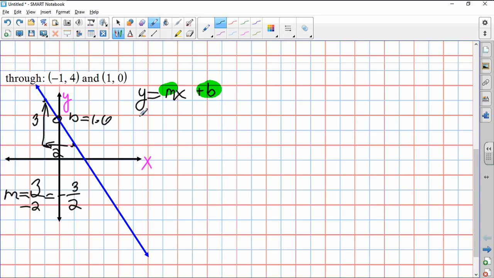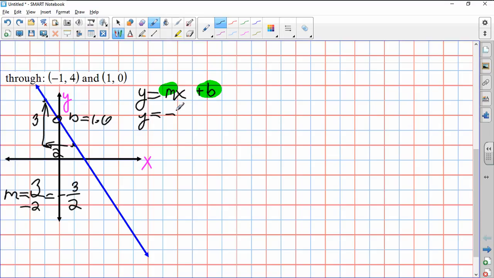So basically my equation will be y is equal to m is 1.6 x and the b value, I'm sorry, the b value is 1.6. So this is wrong. The answer should be y is equal to, the slope m is -3/2.